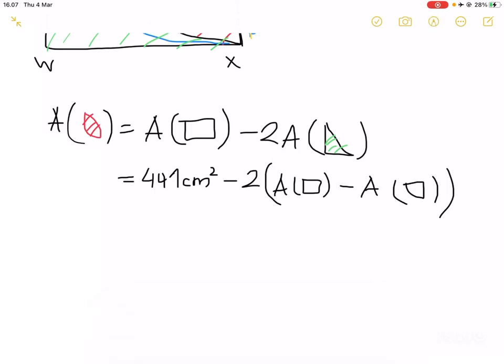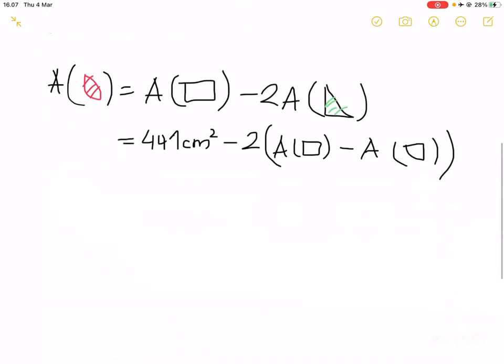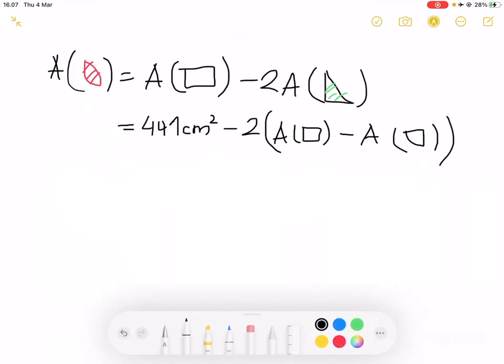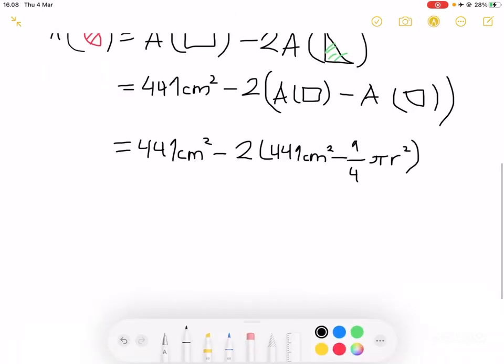You can see by your eyes that this in fact holds true. We also know that the area of the square is 441 centimeters squared, and the area of the quadrant is a quarter times pi times the radius squared, which we're going to work out later.